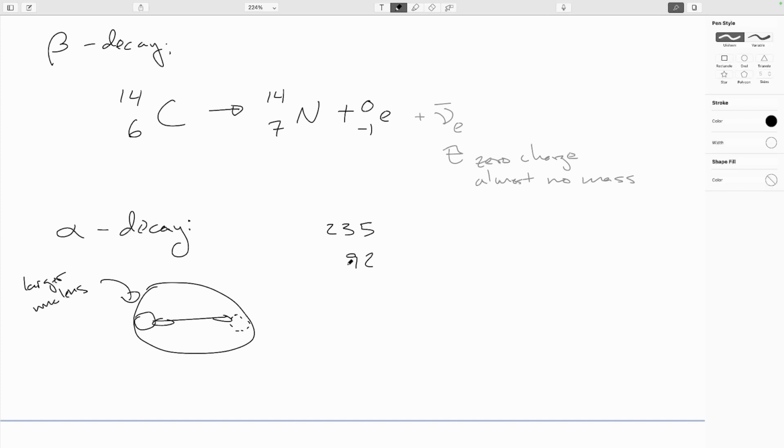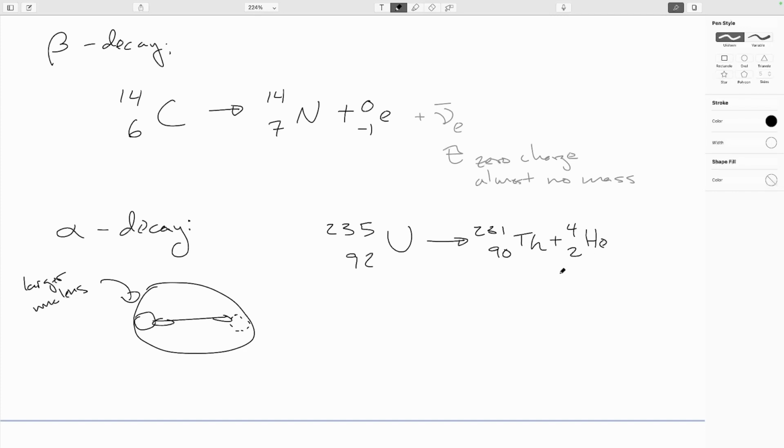Uranium-235, atomic number 92, mass number 235, chemical symbol U. And an alpha particle is a helium-4 nucleus. So again, we can do stoichiometry on both the upper and the lower numbers. So what do I add to 2 to get 92? 90. And what do I add to 4 to get 235? That would be 231. If I go look up 90 in the periodic table, that's thorium.